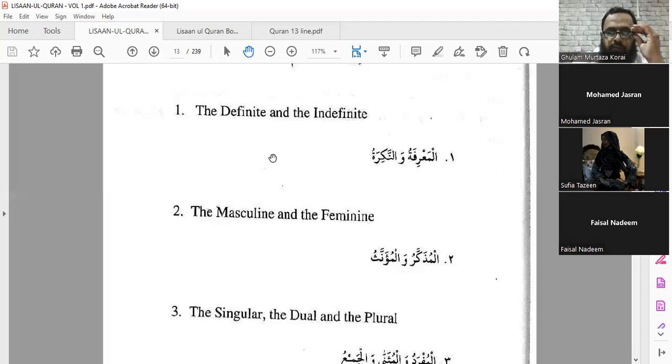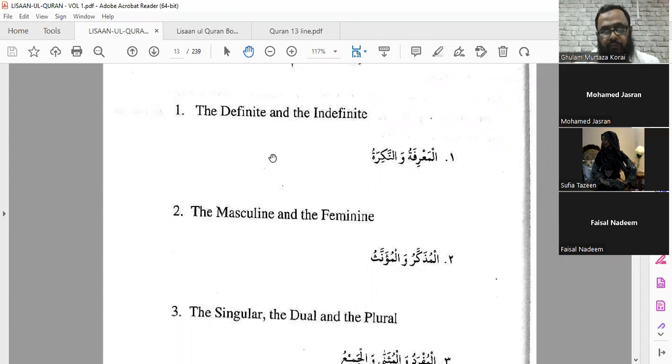So the first type of noun is al-ma'rifatu wan-nakiratu, meaning the proper noun and the common noun. When we discuss the proper noun, there are different types of proper noun, so the further division is there. Then we'll discuss al-mudhakkaru wal-mu'annathu. We must focus on the words used in Arabic.